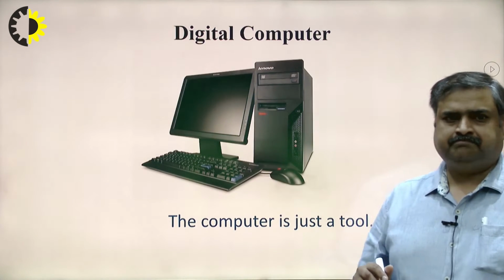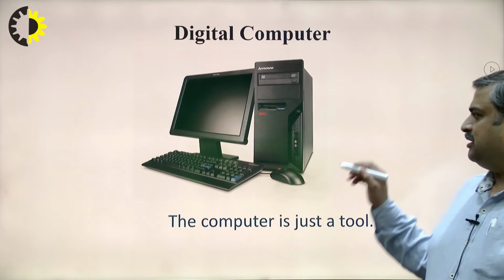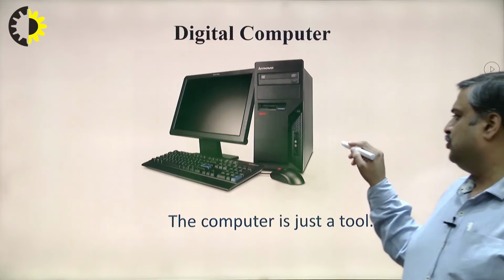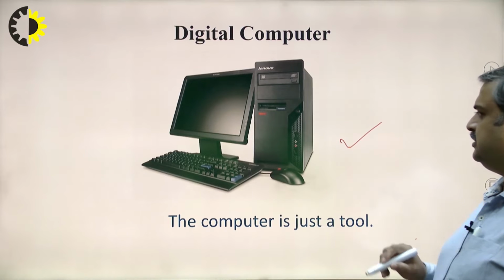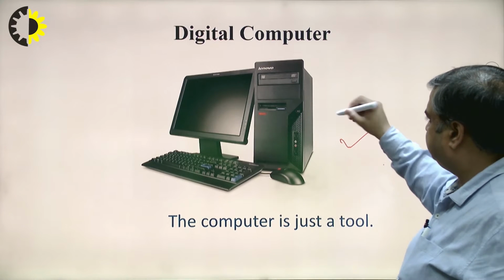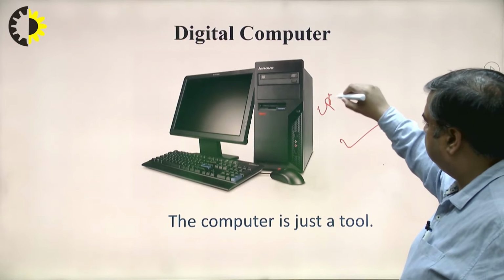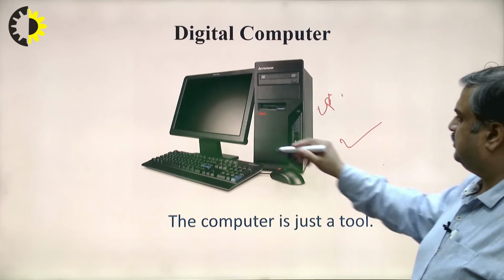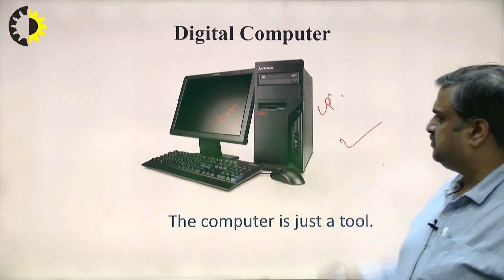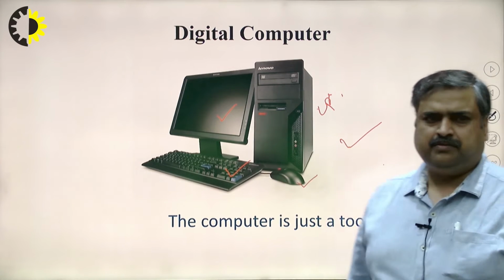I hope you all have seen the digital computer. Everybody knows that this is a digital computer, this is called the CPU, this is the display device, and this is input: keyboard, mouse.